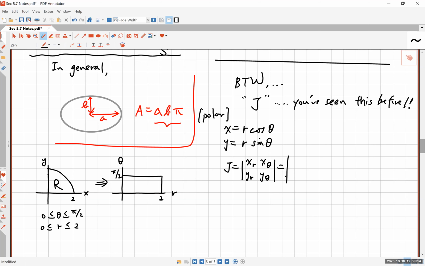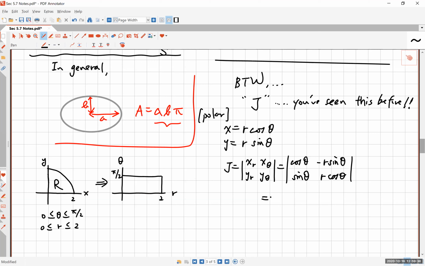Well, what's the partial of x with respect to r? That's cosine of theta. And how about x with respect to theta? That would be negative r sine of theta, right? And then how about y sub r? That would be sine of theta. And then y sub theta, that would be the partial of y with respect to theta. That's r cosine of theta.